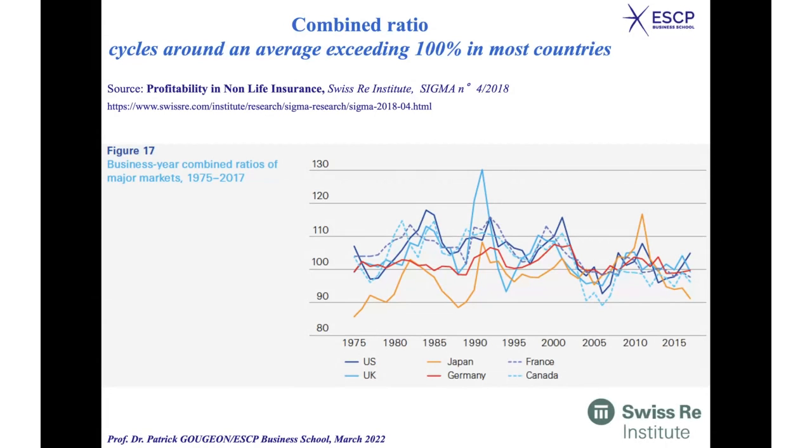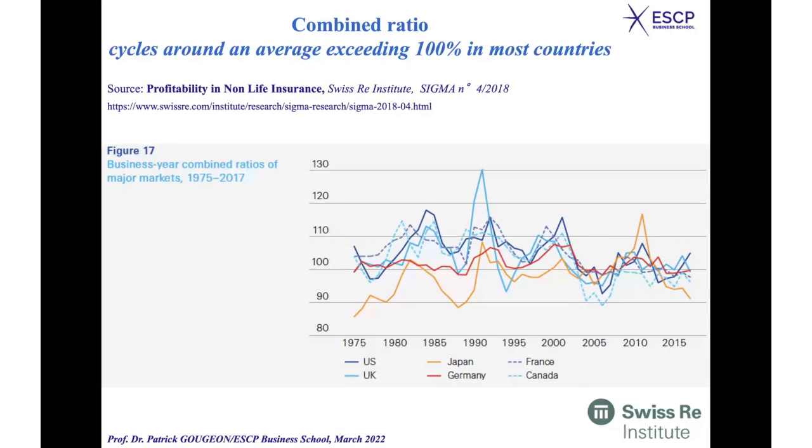This comes from a report which I recommend, from Sigma, and you see the website here. I think I will send it to you because this report is very important.